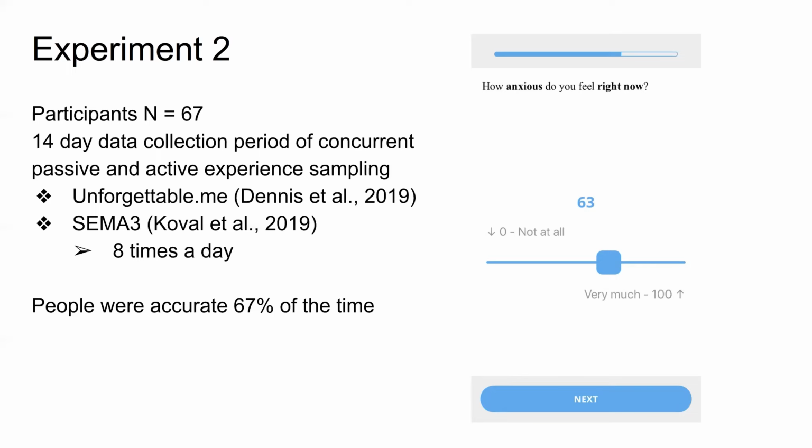But in addition, we asked them to collect active data, so about their emotions. So this was done using the Thema 3 app, and on 8 times each day, they were queried about 11 distinct emotions, and they had to rate to what extent they are experiencing those emotions at this particular time. So in this case, people were accurate 67% of the time.